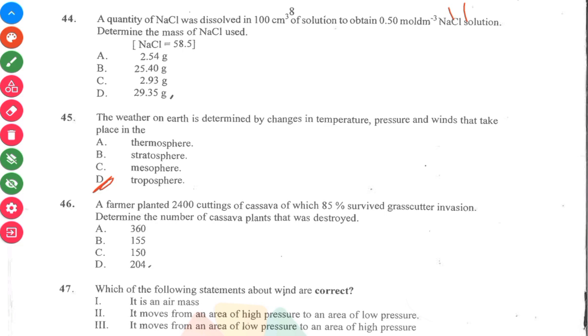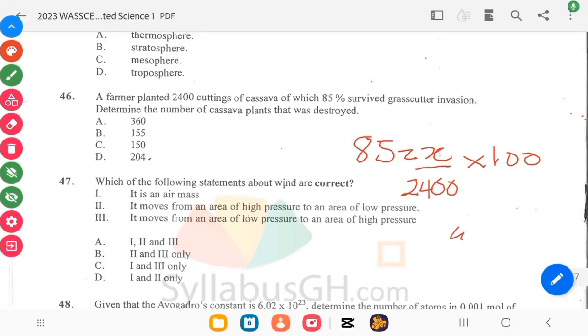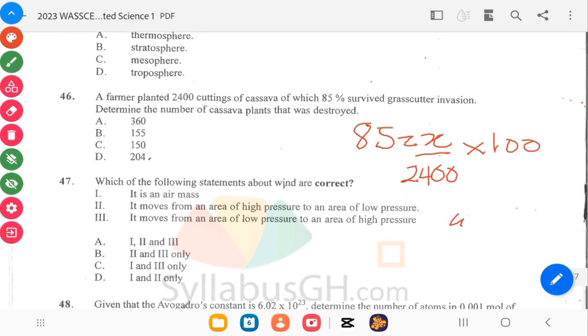Then question 46. The farmer planted 2,400 cartons of cassava, of which 85% survived grasscutter invasion. Determine the number of plants that were destroyed. So this is how it's going to be. 85 equals the number that was destroyed, let's say x, over 2400 times 100. So going through the calculation, 85 equals 100x over 2400.